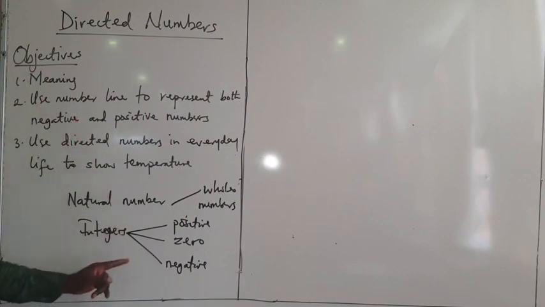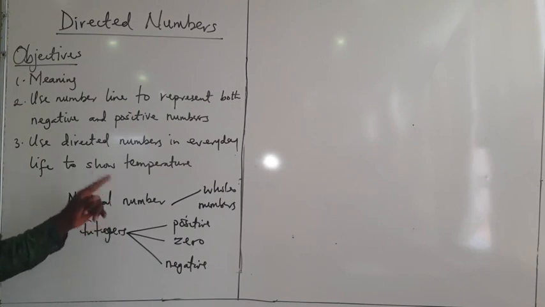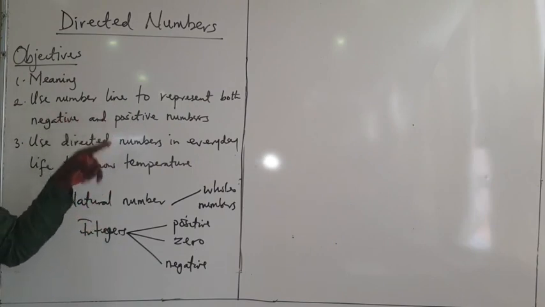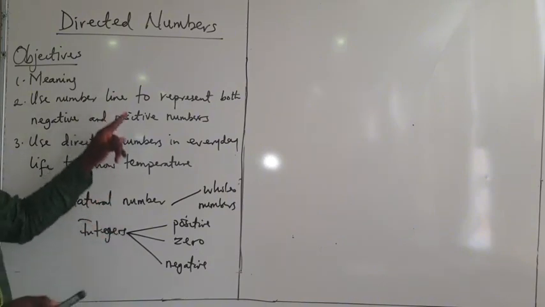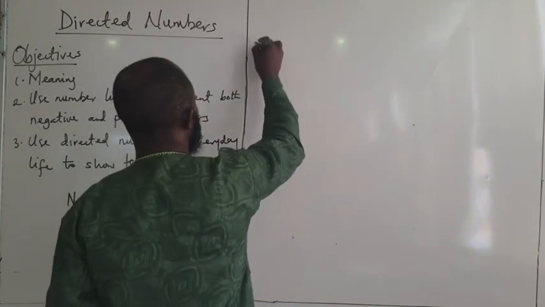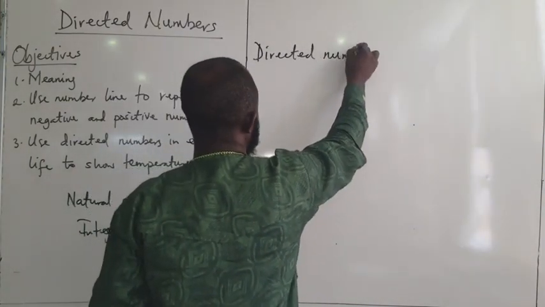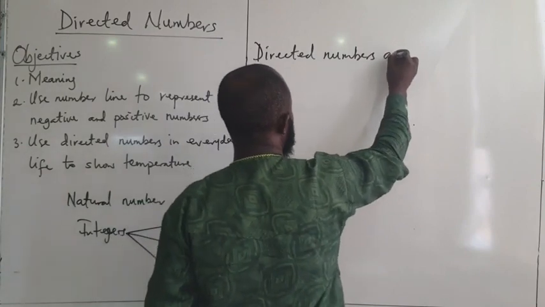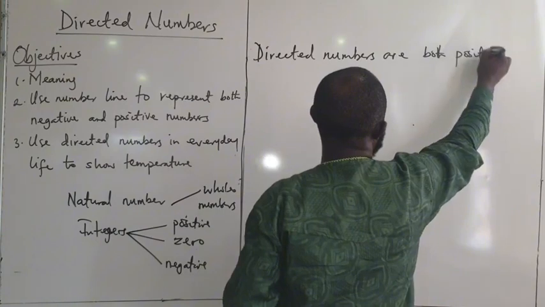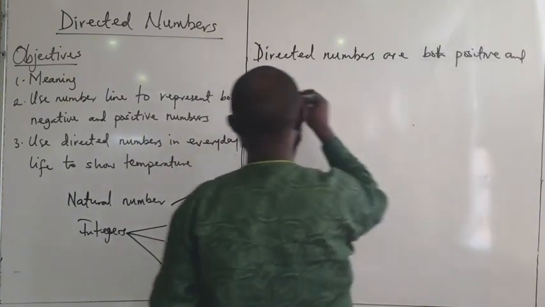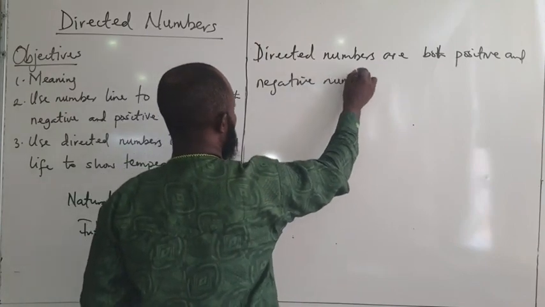directed numbers are both positive and negative numbers. You know, I did not mention integers and I did not mention natural numbers. When we talk about directed numbers, they are both positive and negative numbers.